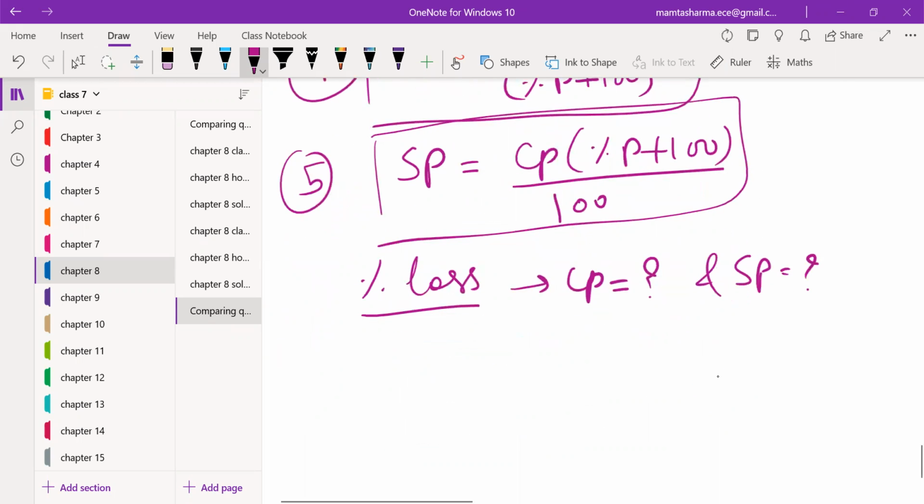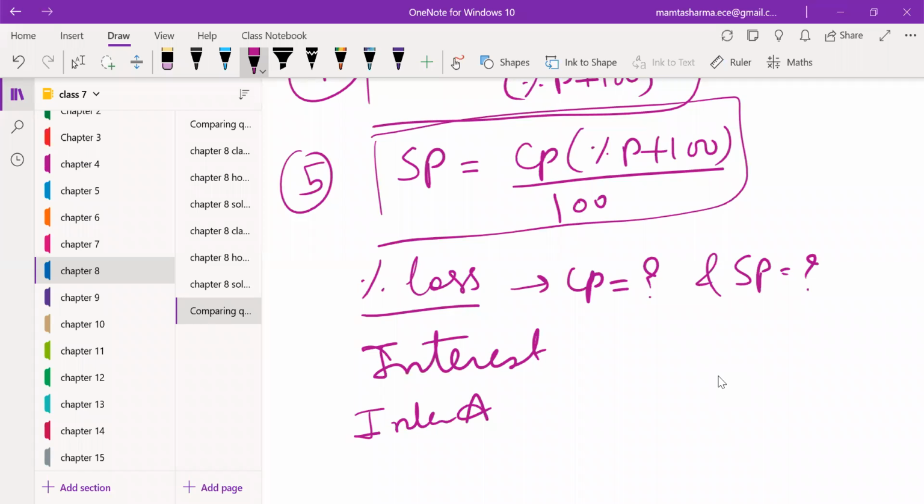After that, we have seen interest. So the interest amount can be found using PRT divided by 100.